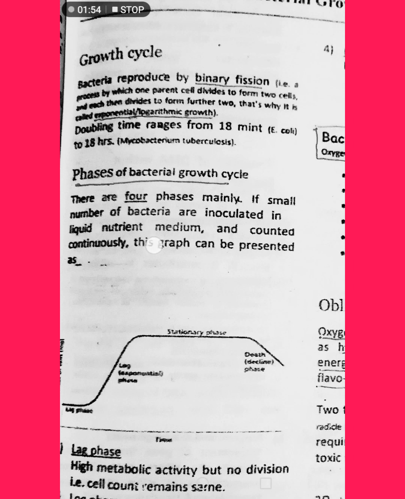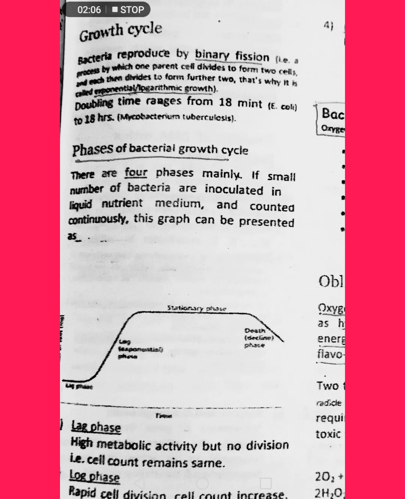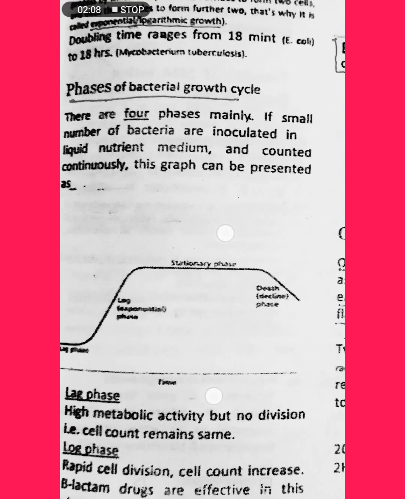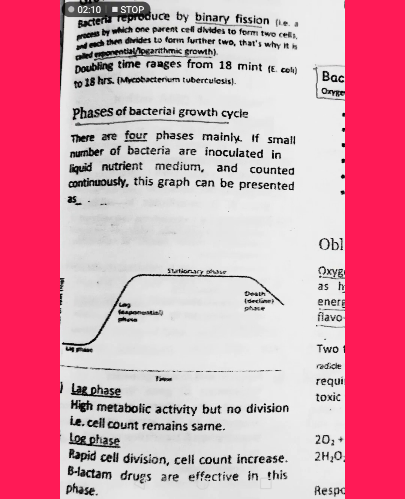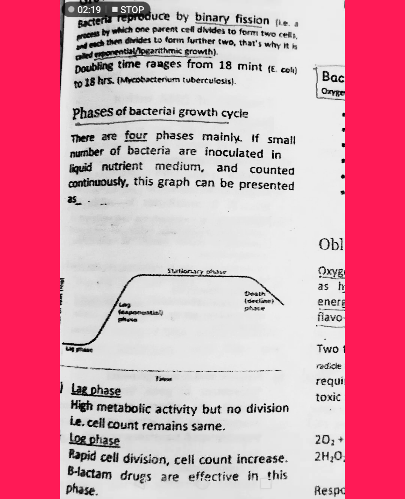When a small number of bacteria is inoculated into a liquid nutrient medium and counted continuously, the graph can be represented as follows. This is the time, and this is the bacterial growth. The growth cycle of bacteria contains four phases.